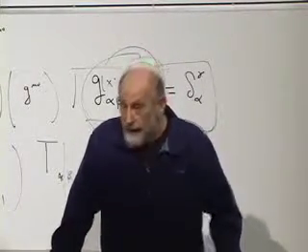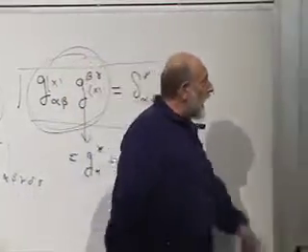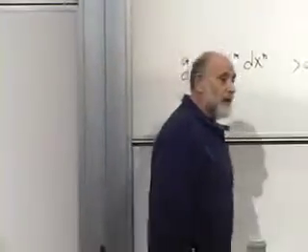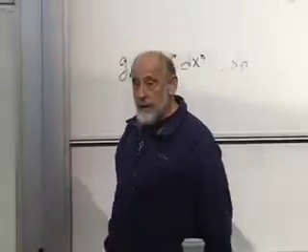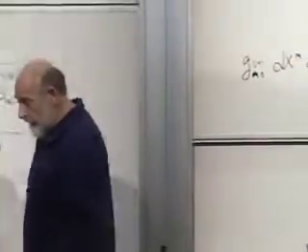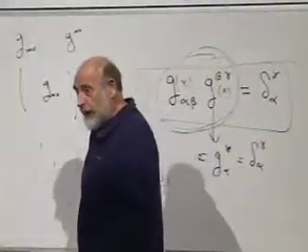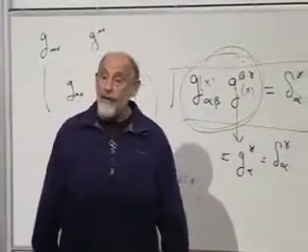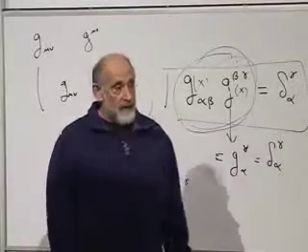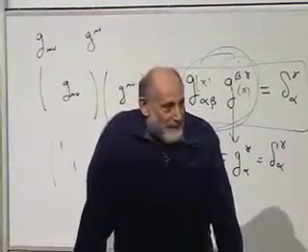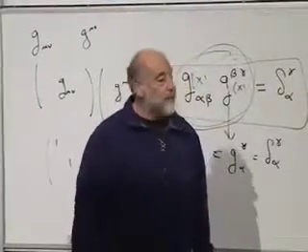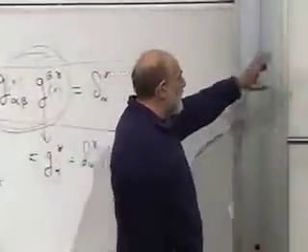Positive eigenvalues. So it means that the eigenvalues of g_mn are positive. That's about the only thing that is required. If all the eigenvalues are positive, then any vector will have a positive squared length. So think of this as the squared length.